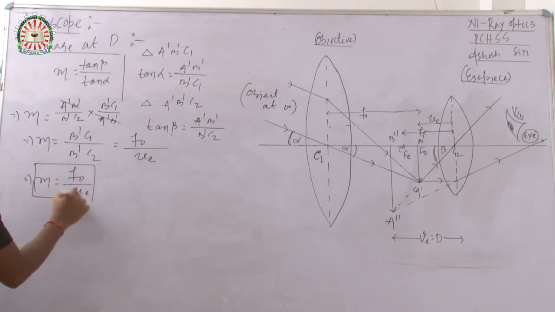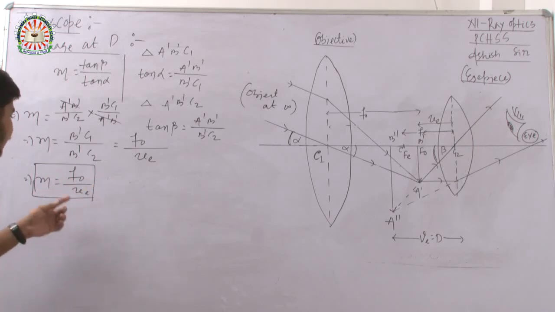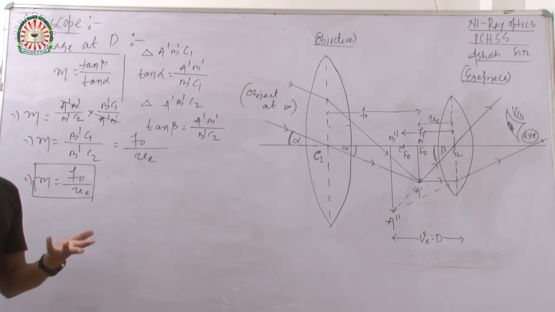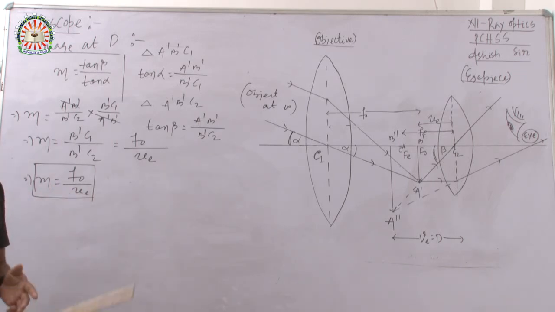So this is the angular magnification, but here it is ue. I have already discussed that when the magnification is in terms of u and v, always try to change it into the focal length.